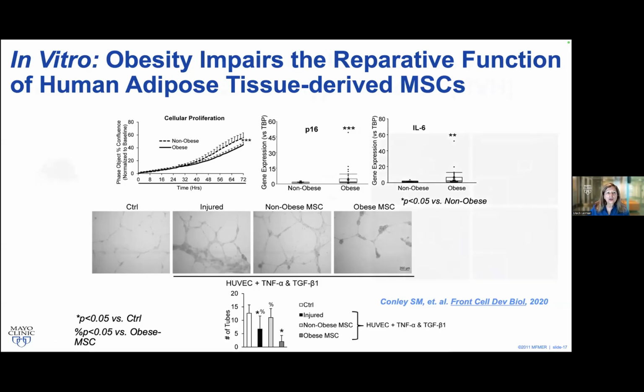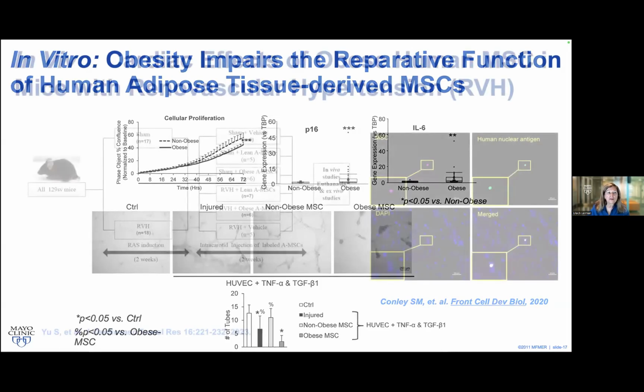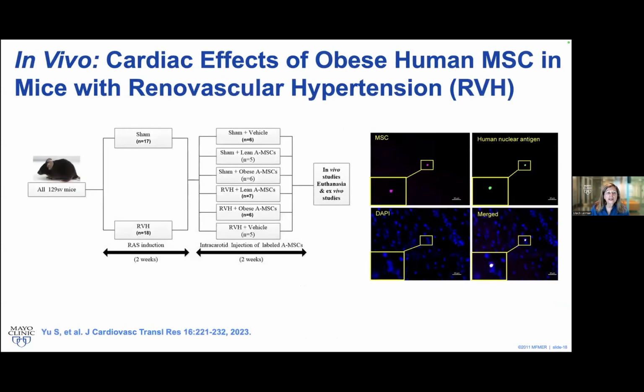This also translates into impaired in vivo function. We performed a study in which we infused MSCs into 129 mice that were either healthy, sham, or had renovascular hypertension. We induced renovascular hypertension by putting a little clamp or a tube on one renal artery of these mice.